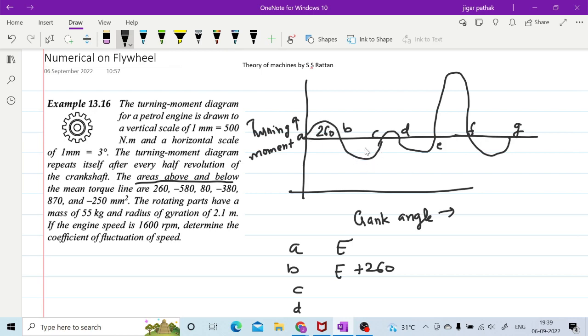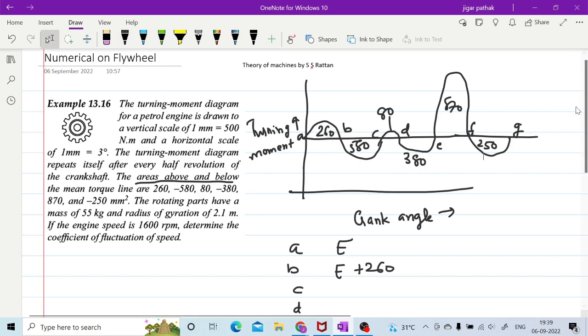This way, this area is 580, this area is 80, this is 380, this is 870, and this is 250, right? So areas above must be added and below must be subtracted. So at point B it is E plus 260, right?